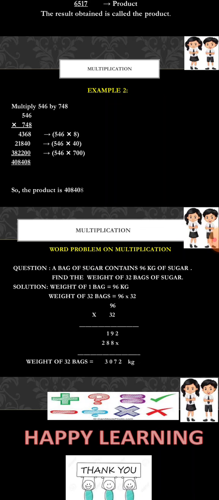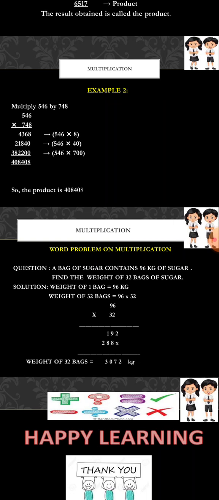Now we'll multiply 546 with 7. 7 6s are 42. We'll write 2 and take 4 as carry. 7 4s are 28. 28 plus 4 carry is 32. We'll write 2 here and take 3 as carry. 7 5s are 35. 35 plus 3 is 38.